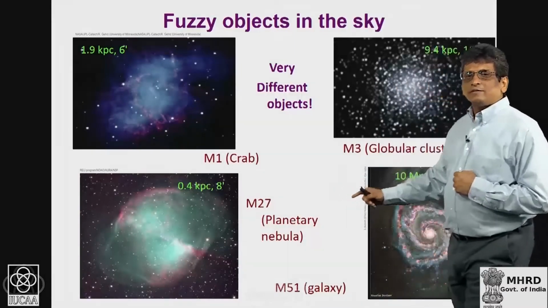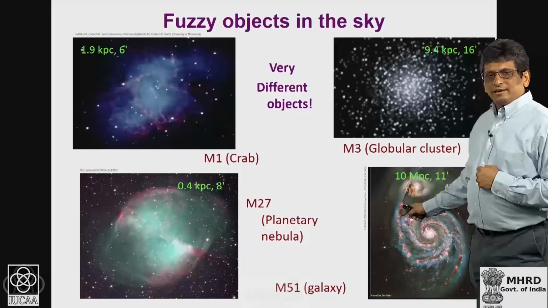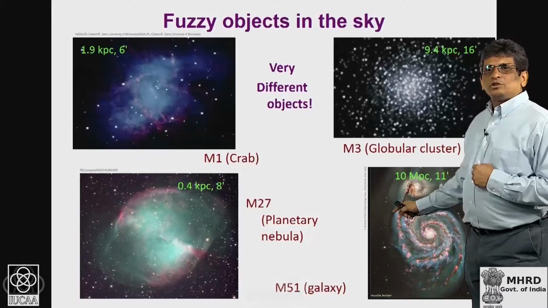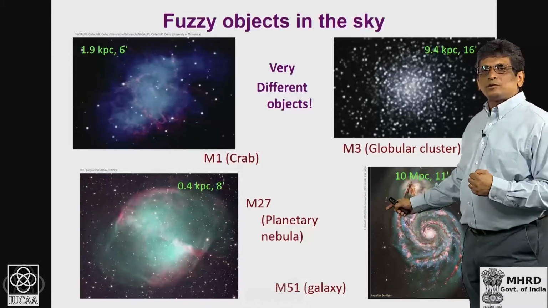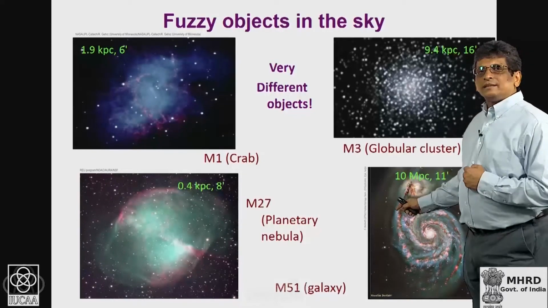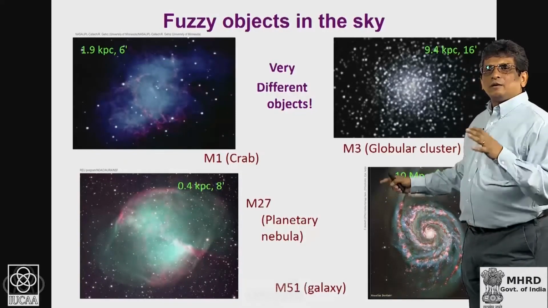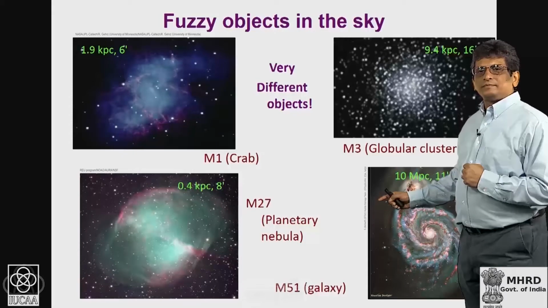And then we have something which is a galaxy at this end, which has 10 to the power 11 to 10 to the power 12 stars, and this is a whole system by itself.